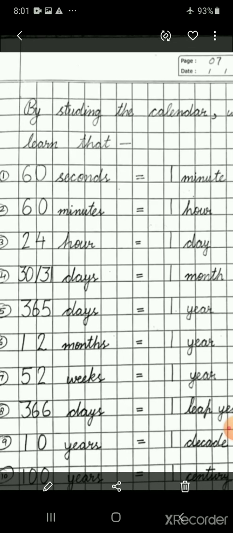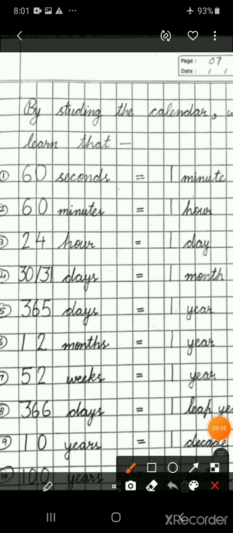After that, 24 hours is equal to 1 day. 30 or 31 days is equal to 1 month. 365 days is equal to 1 year.